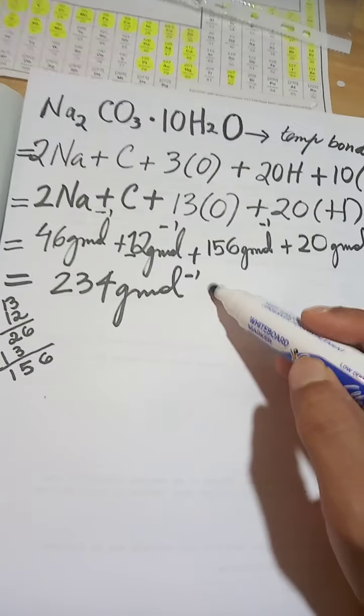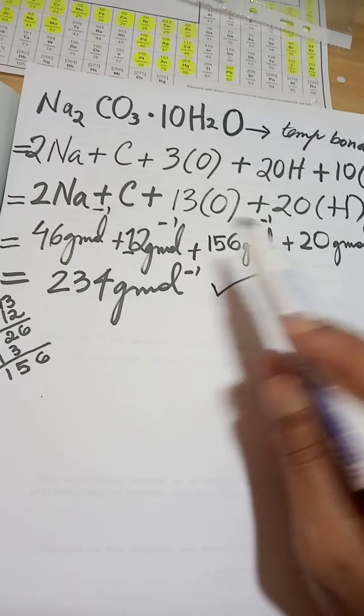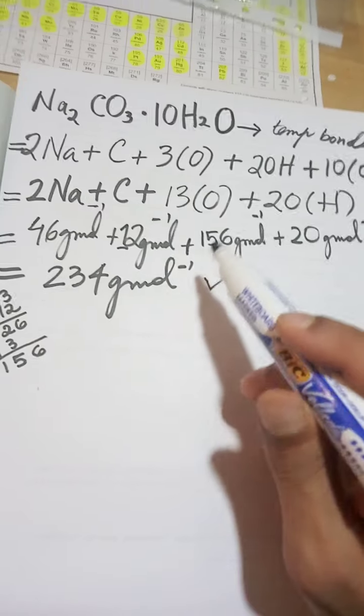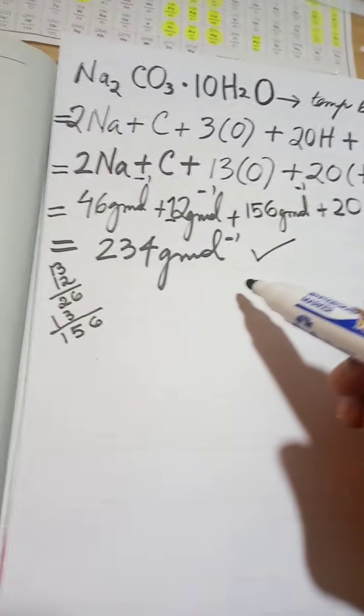So that's correct. The relative molecular mass for sodium carbonate decahydrate is 234 grams per mole.